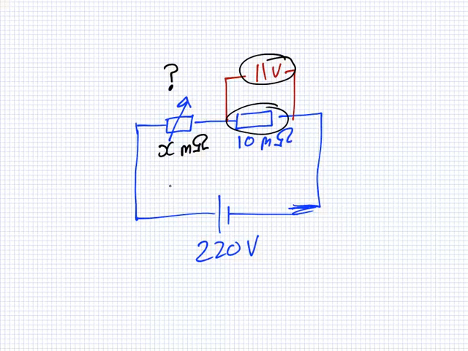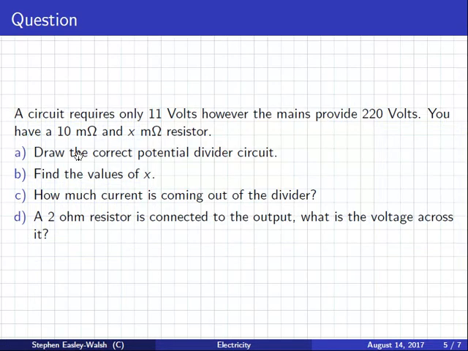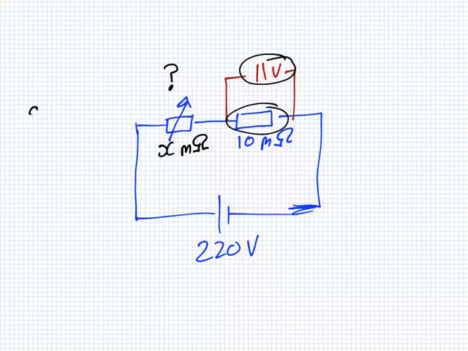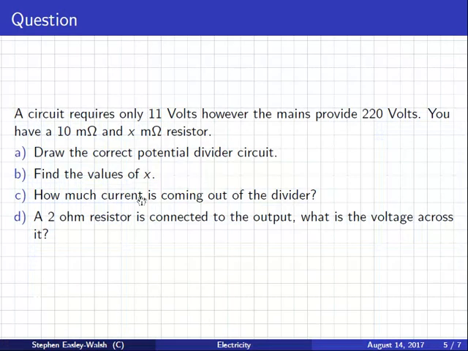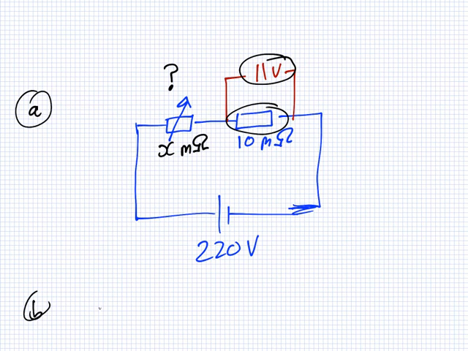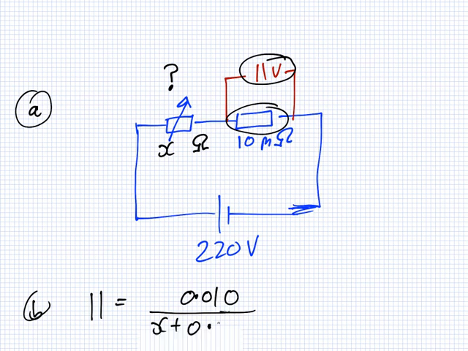Okay, so we can just use our formula to begin with. First, A is to draw. Okay, so I've drawn it. B, find the X. Our formula is 11 equals R2 over X plus R2, and I'll put X in ohms. 0.01 times 220. Okay, so let's solve this.